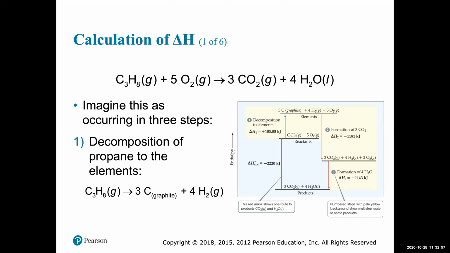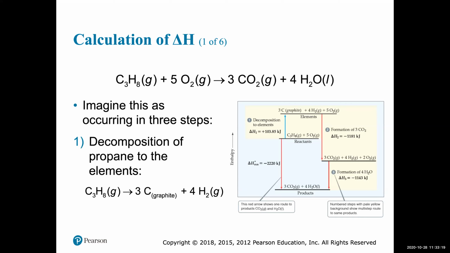We can use that information for individual things, but we also can use these reactions to piece together what the delta H for a different reaction would be. In this case, we have the example of propane plus oxygen going to form CO2 and water.